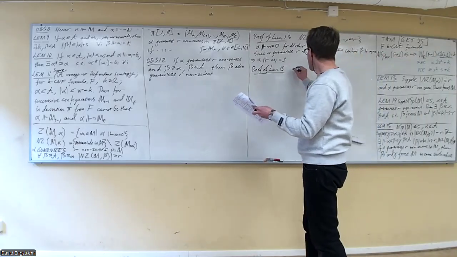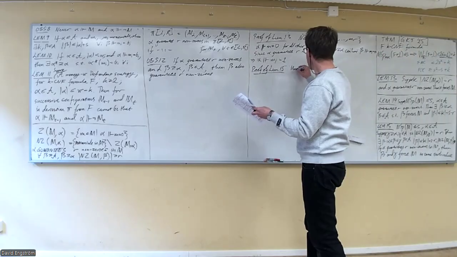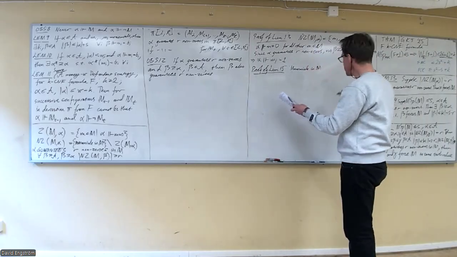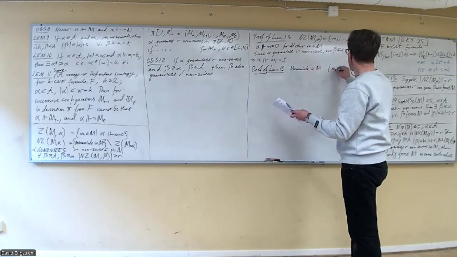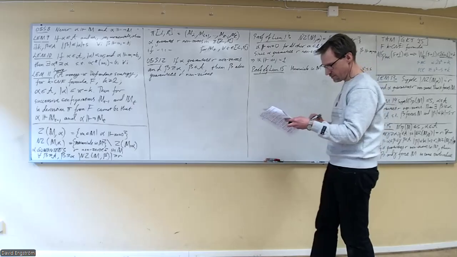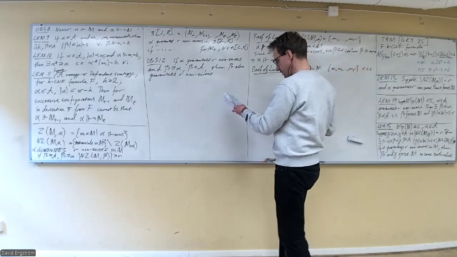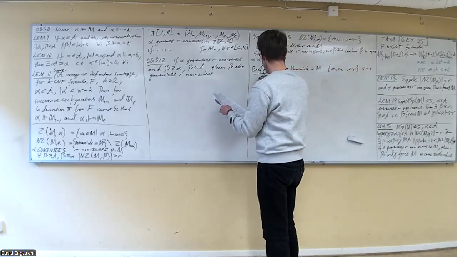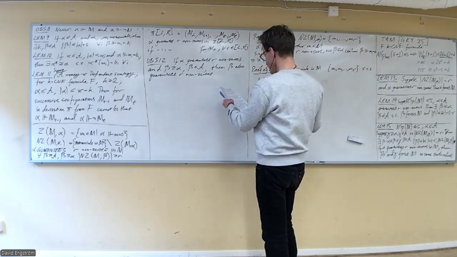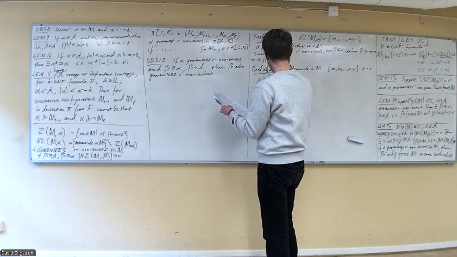Okay, so let the monomials in M be M1, M2, up to MS prime. S prime is at most S, because we know that about the space. And we divide them up into the non-zero monomials with respect to gamma.